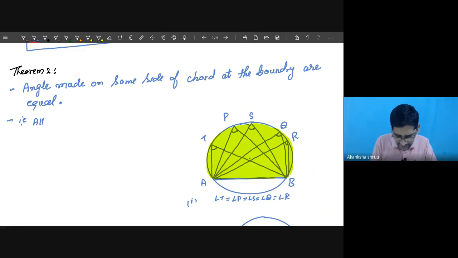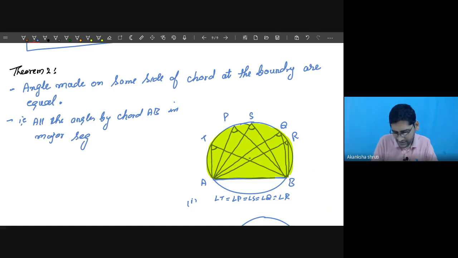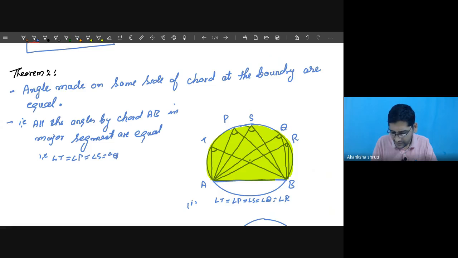All the angles by chord AB in the major segment are equal. That is, angle T is equal to angle P is equal to angle S is equal to angle Q is equal to angle R. Okay, it is this one.